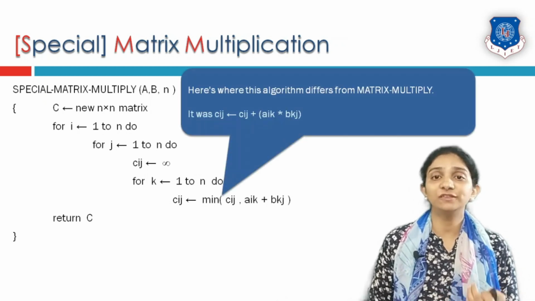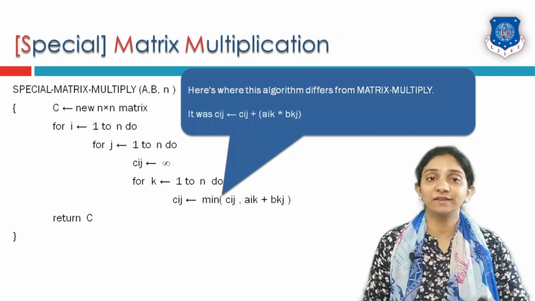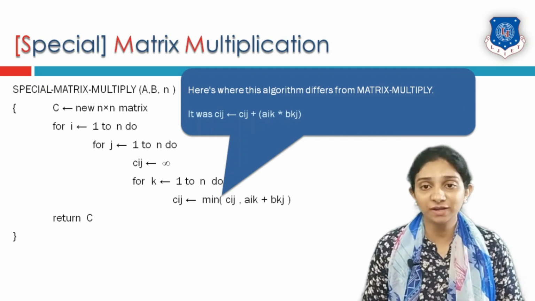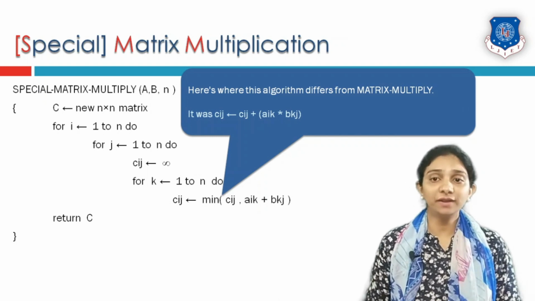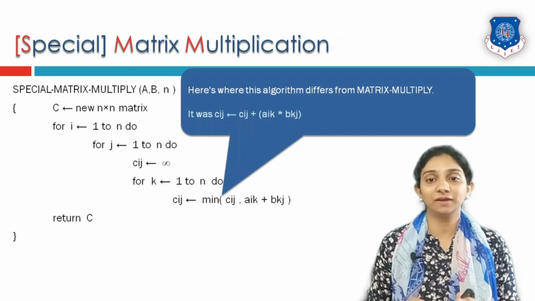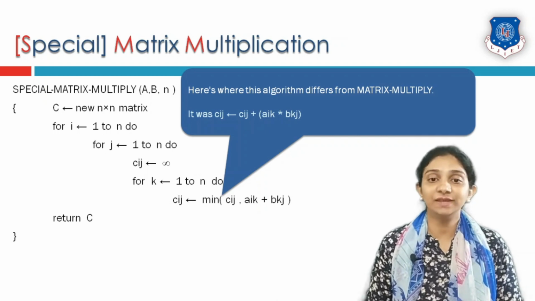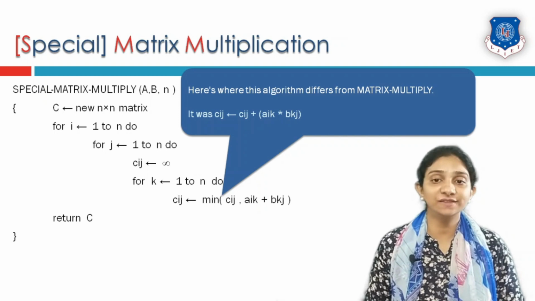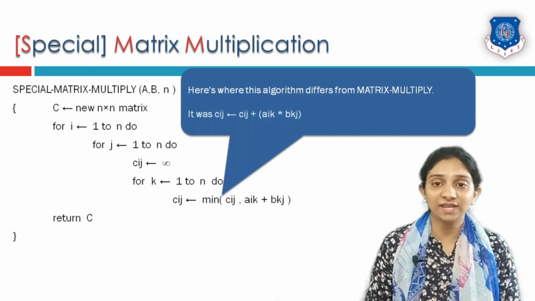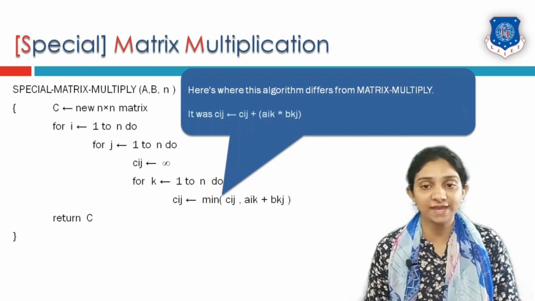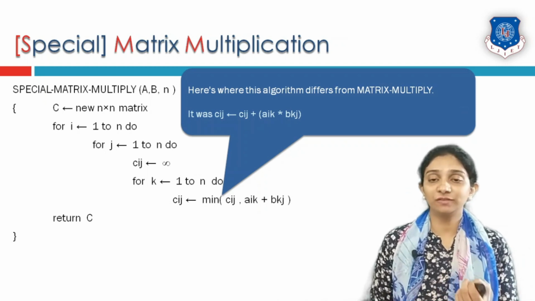Now where is this matrix multiplication different from our ordinary matrix multiplication? In ordinary matrix multiplication, the statement we write at this point is C of ij equals C of ij plus A of ik into B of kj. Plus there is one more difference.